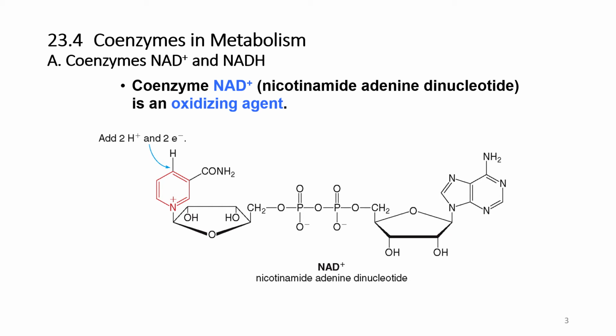Here's the structure of nicotinamide adenine dinucleotide. That is the actual name of NAD+. It's a mouthful, so we typically call it NAD+ rather than nicotinamide adenine dinucleotide. It is a dinucleotide, and it has two phosphates here.